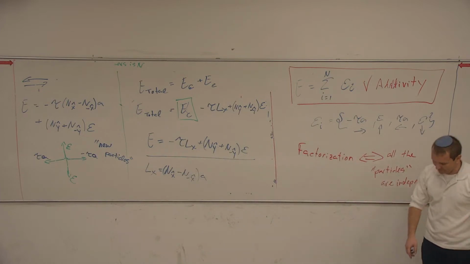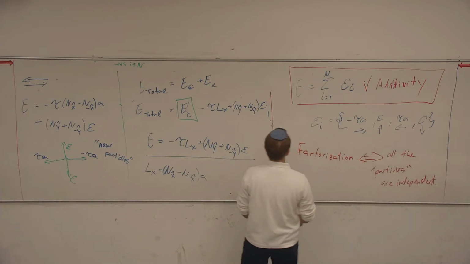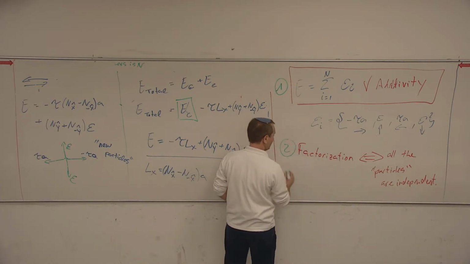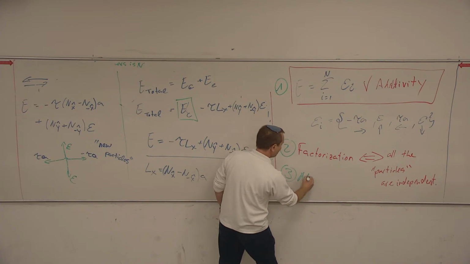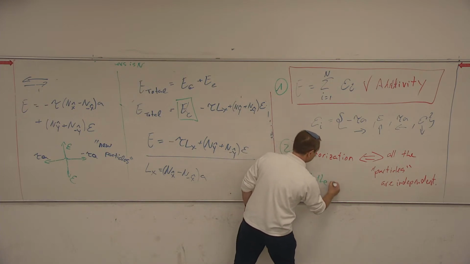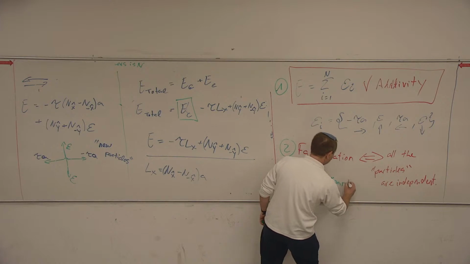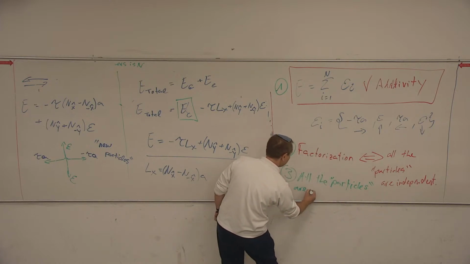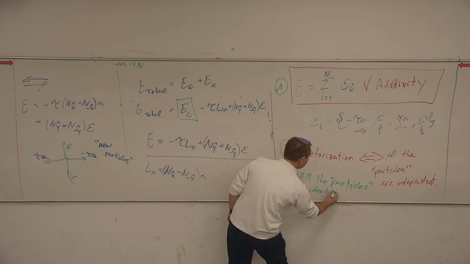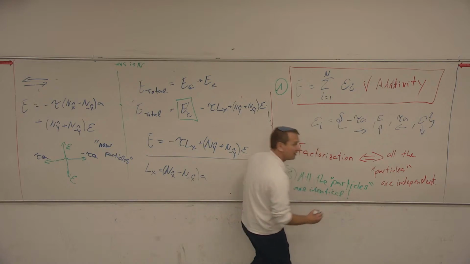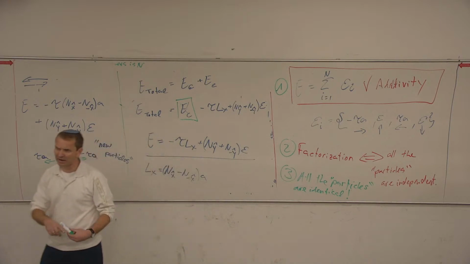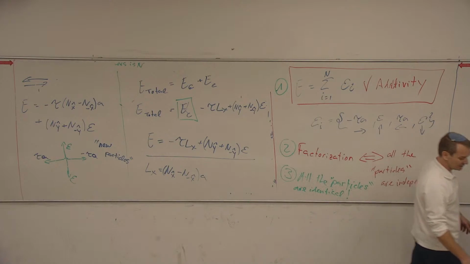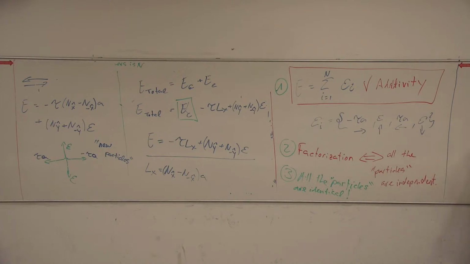Now, this is number 1. This is number 2. And we also have a third condition: all the particles, quote unquote, are identical. What does it mean that they are identical? That the partition function of particle number 1 is exactly the same as the partition function of particle number 2, as the partition function of particle number 3.